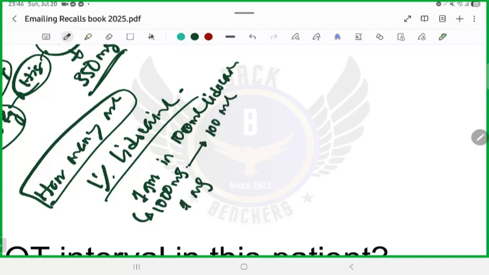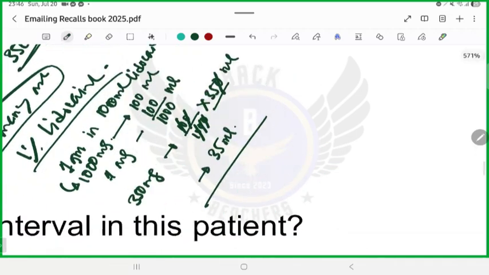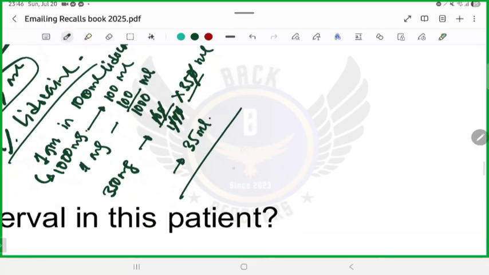So 1 milligram will be in 100 by 1000 ml. So 350 milligram would be 100 by 1000 into 350 ml, that is 35 ml. So what's the shortcut? What do you do?